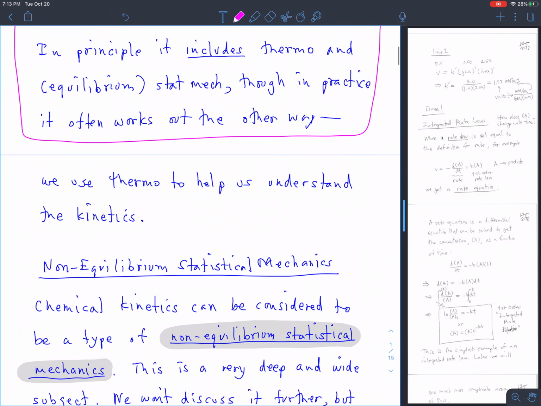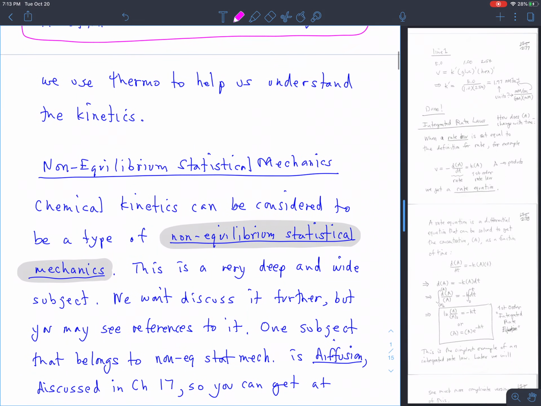Before we go on to chemical kinetics, let me just say, as an aside, that chemical kinetics is one small part or example of a much broader and very deep and beautiful and complicated and subtle field that's called non-equilibrium statistical mechanics.